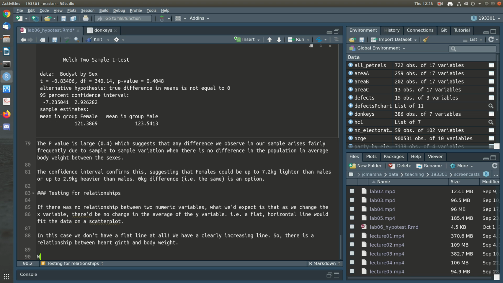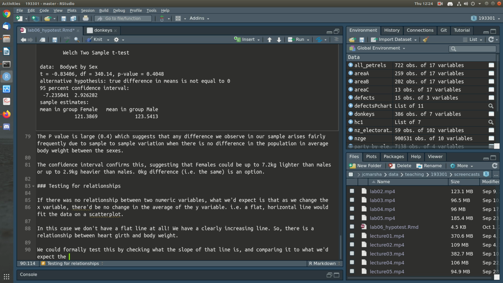So we could formally test this by checking what the slope of that line is and comparing it to what we'd expect the slope to be due to random sample to sample variation under the hypothesis of no relationship.